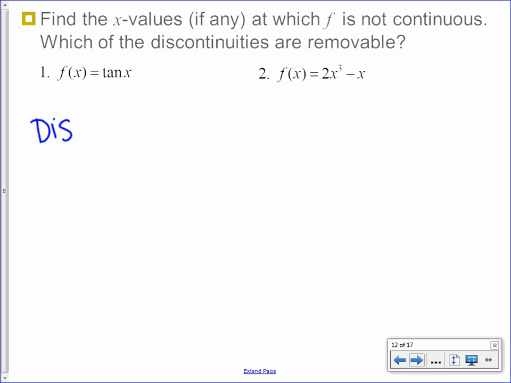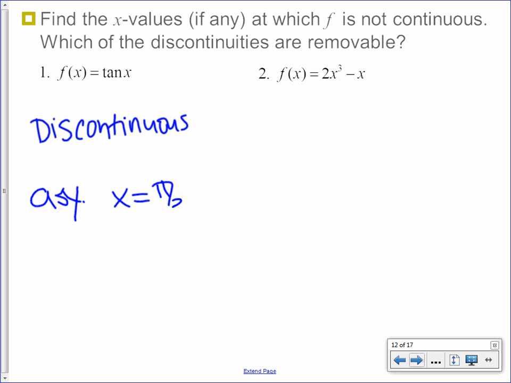We have asymptotes at x equals pi over 2, x equals negative pi over 2, and so on.